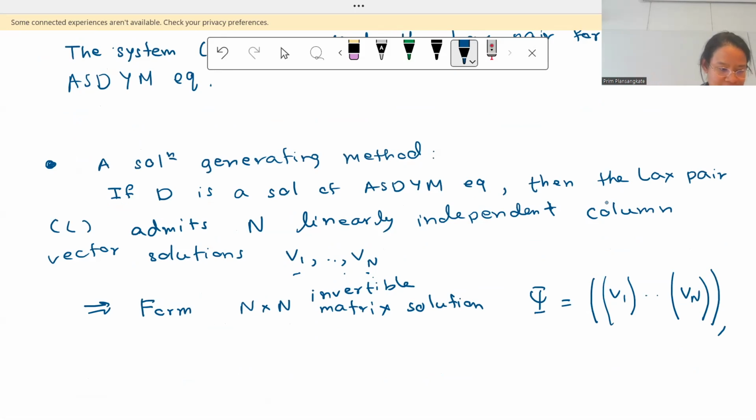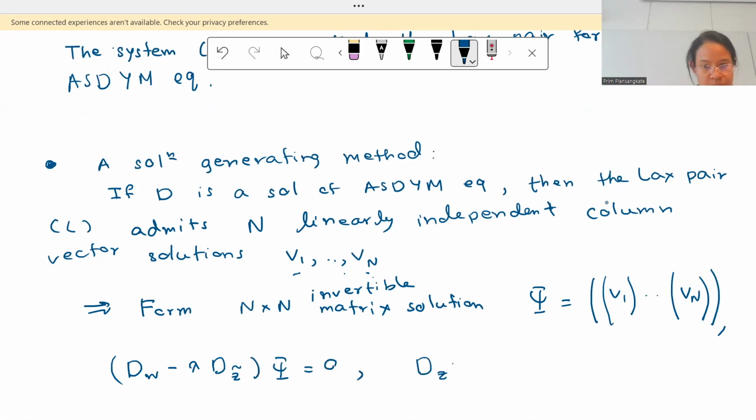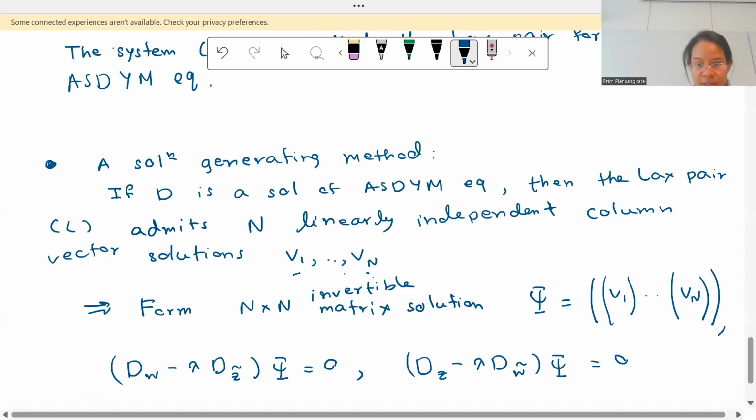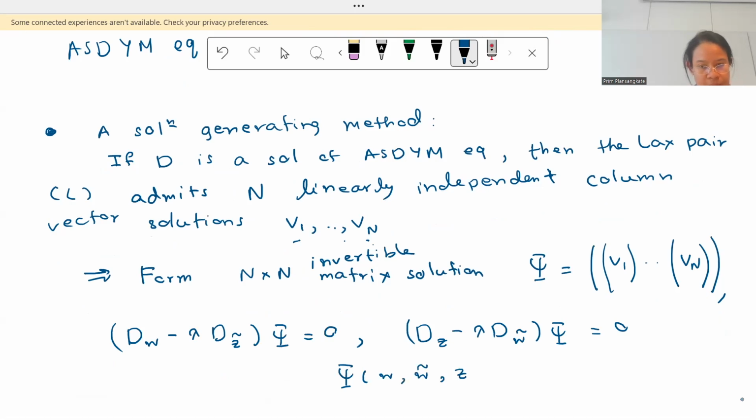And if we look at the Lax pair again, I'm writing it now with the matrix solution. And if we let lambda vary, this matrix solution will depend on lambda too.